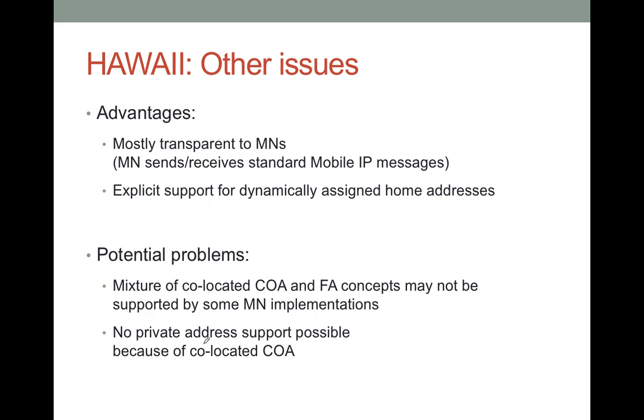The advantage of using Hawaii is that it is more transparent, as the mobile sends and receives standard mobile IP messages, with explicit support for dynamically assigned home addresses. A potential problem is that the mixture of a co-located care-of address and the foreign agent concept may not be supported by some mobile network implementations. No private address support is possible because of the co-located address.